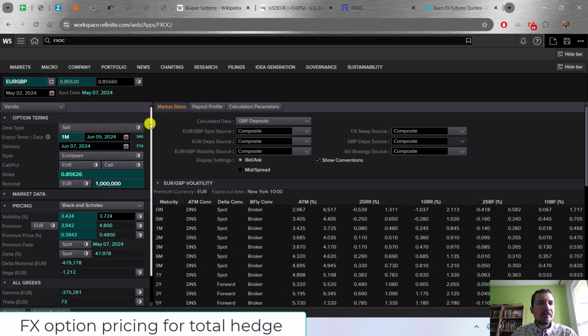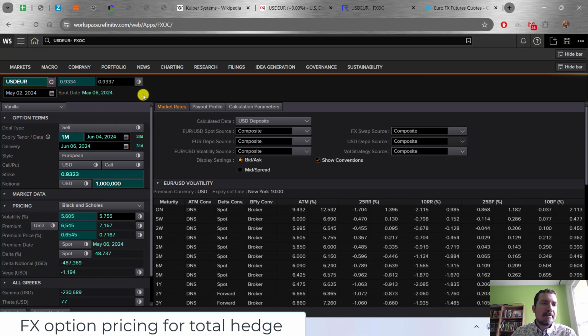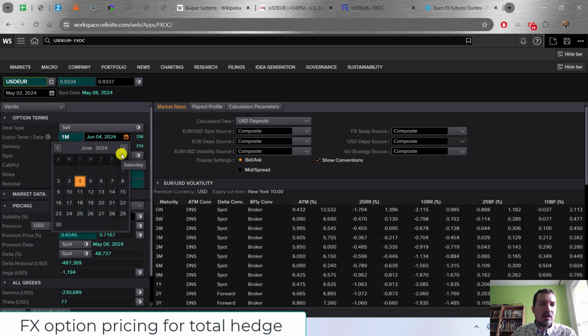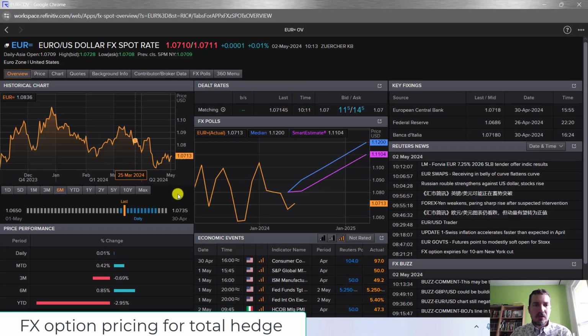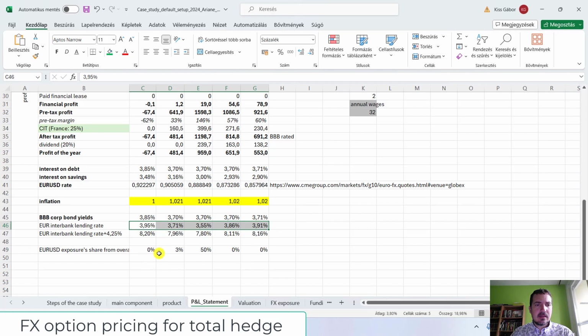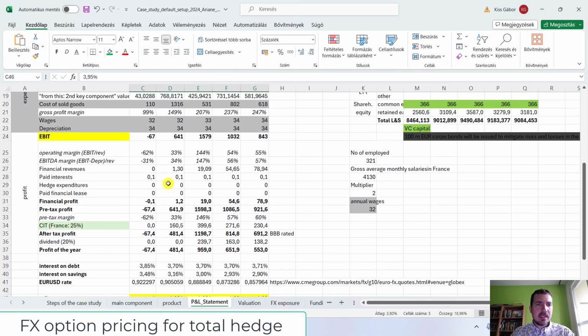So we have to sell euro. Okay, and not in 1 month, but a year later. Okay, and we just have to focus on selling, and this is the option fee here.